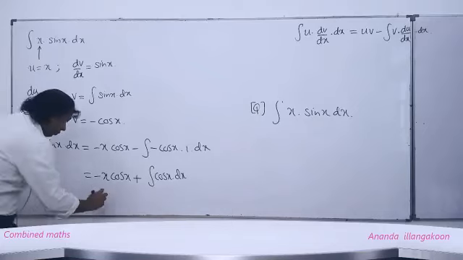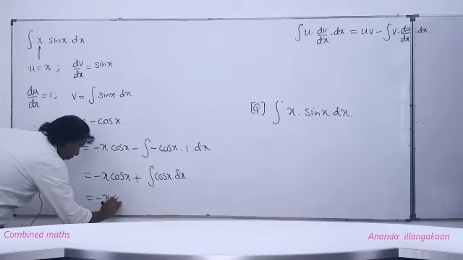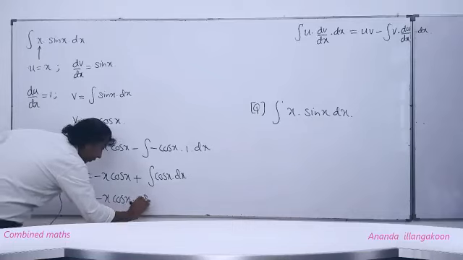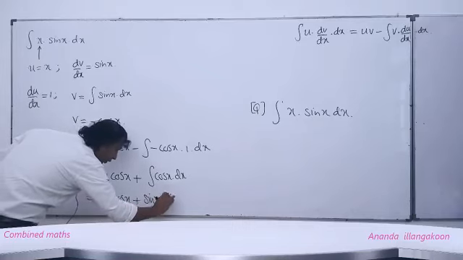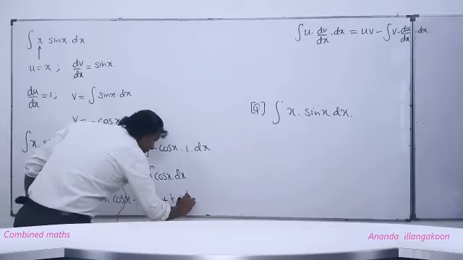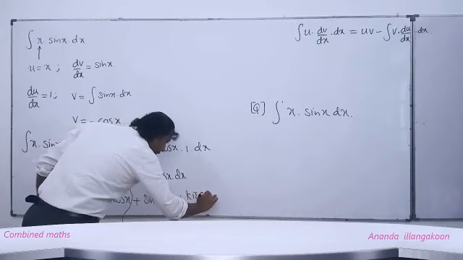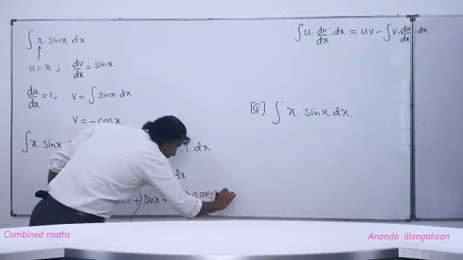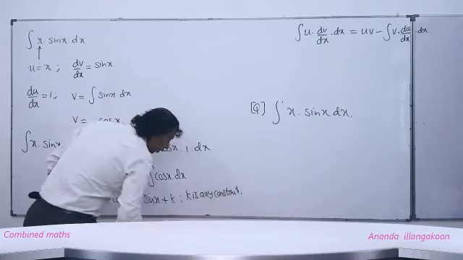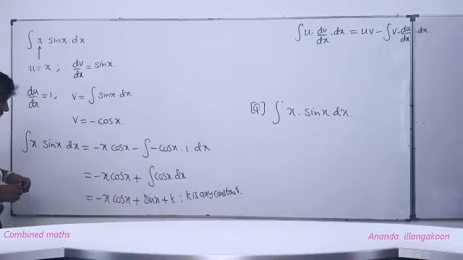So minus x cos x plus sin x plus k, where k is any constant. This is how we take that answer.